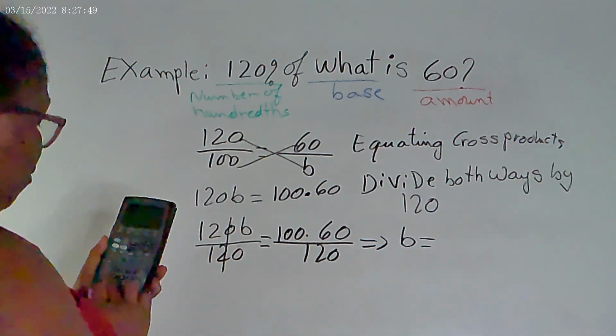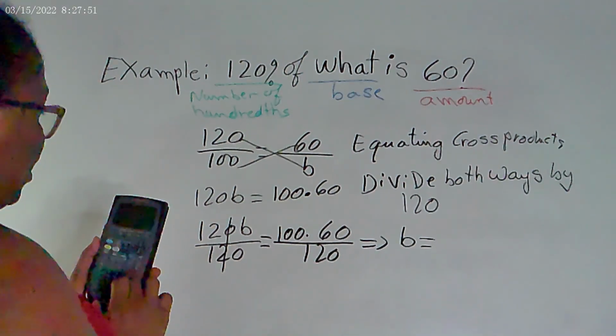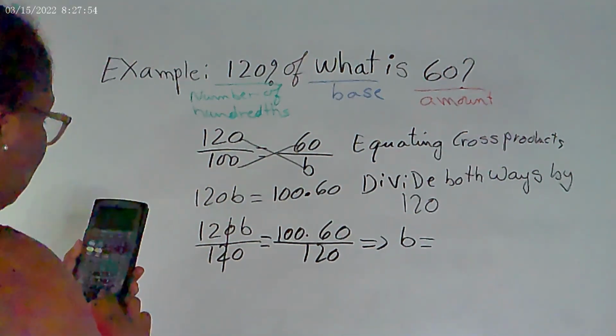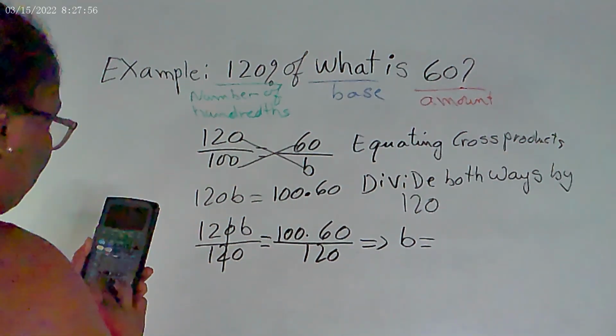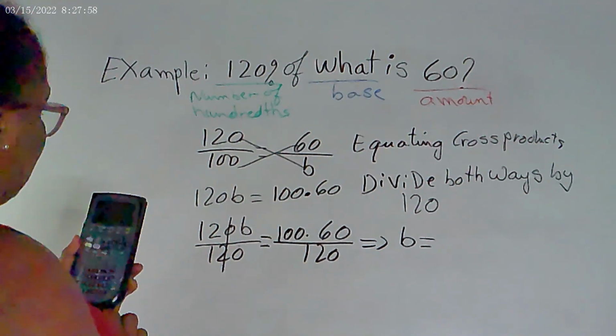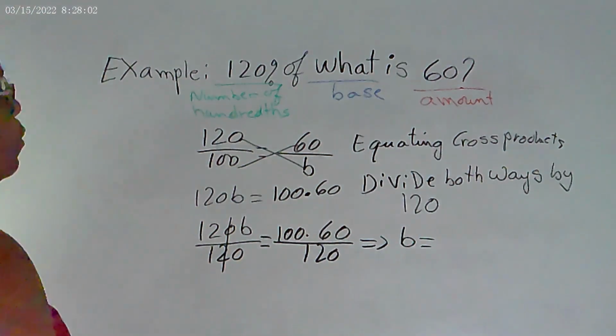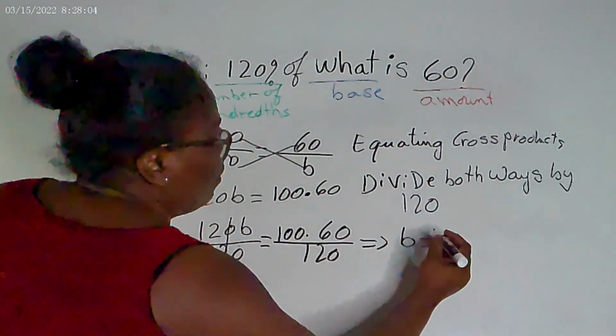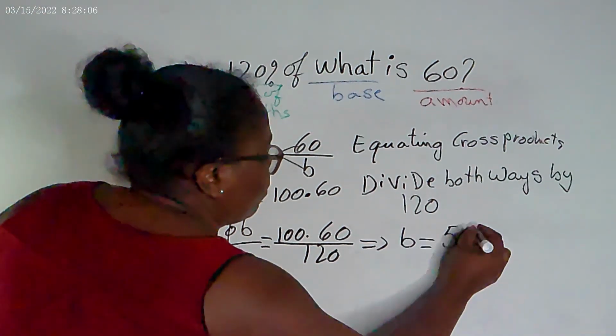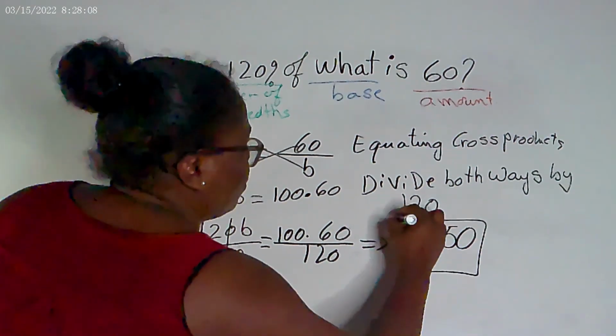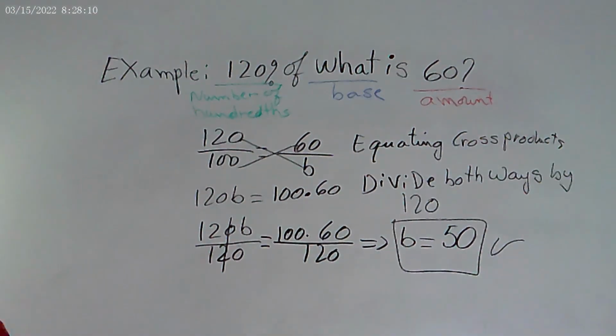We have 100 times 60 divided by 120. The answer is 50. So the base is 50. This is the final answer.